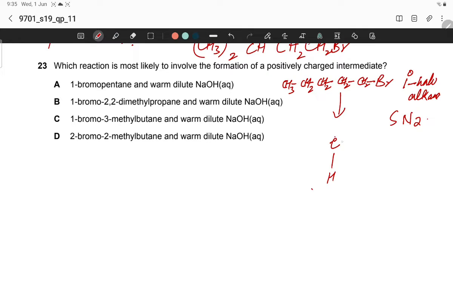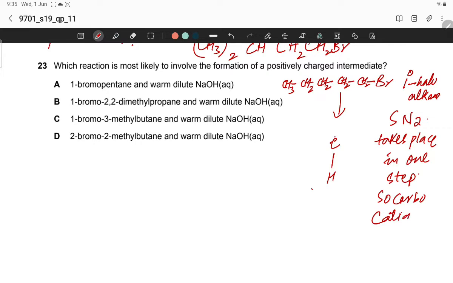H takes place in one step, and so a carbocation cannot form like this.